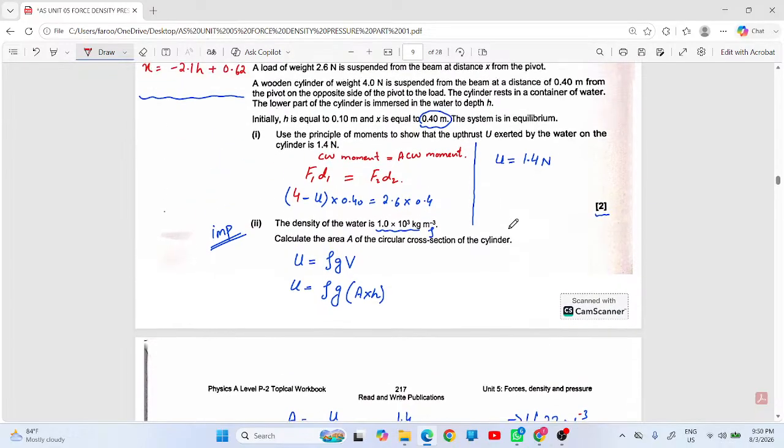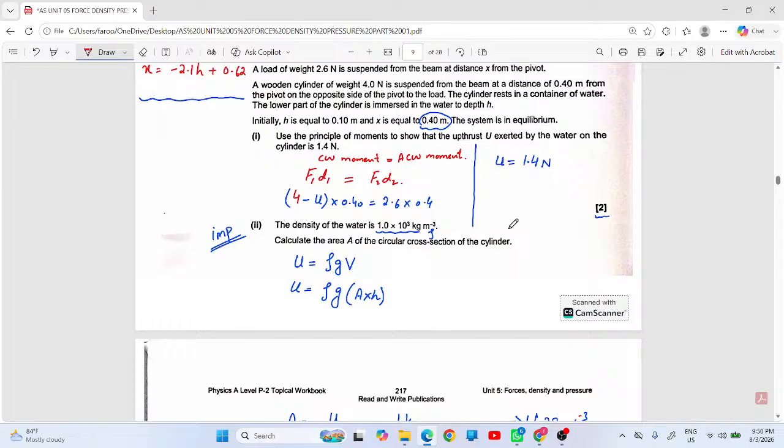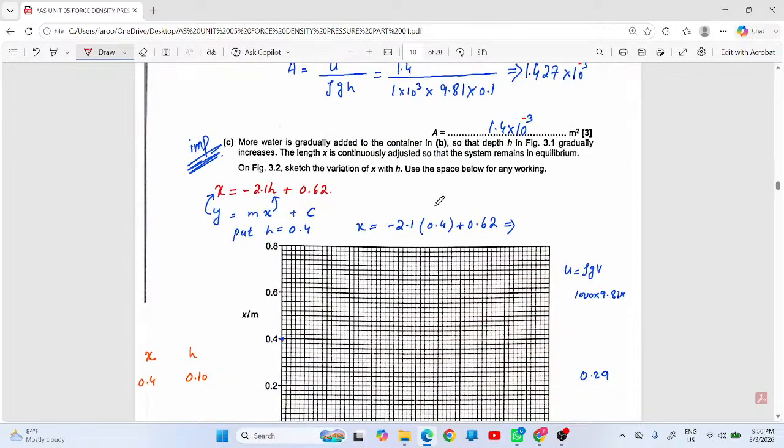जो पहले हमारी इक्वेशन बनी थी वो थी हमारे पास, ये इक्वेशन यूज करते हैं, ये क्या लिखा हुआ है, 4 minus U into 0.4 ना, on this side you have 2.6 into 0.4. तो मैं बच्चे ऐसे करता हूँ, इसको जरा रेस करते हैं। अभी आंसर का मुझे नहीं पता। ओके, so the anti-clockwise moment is 2.6x.